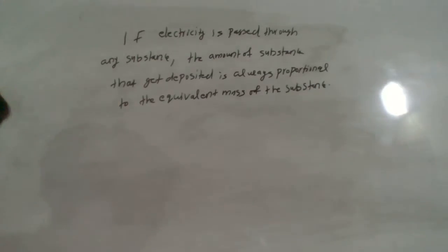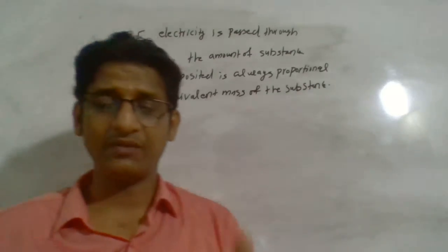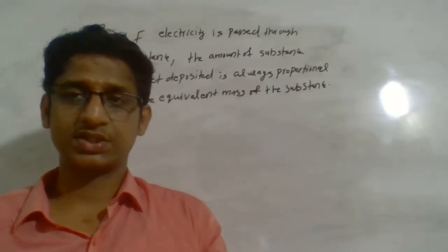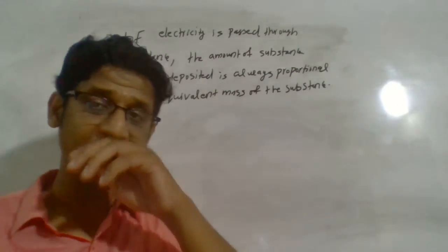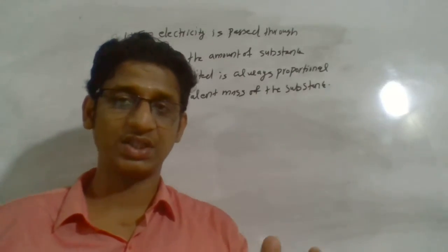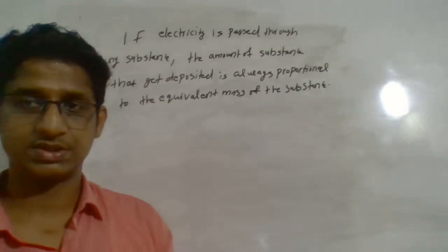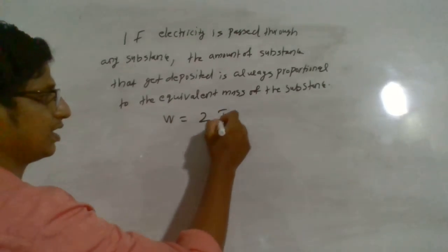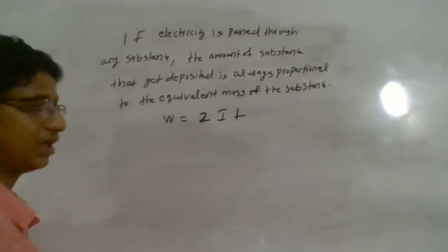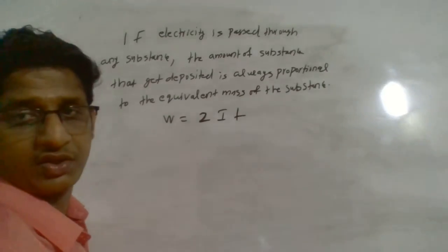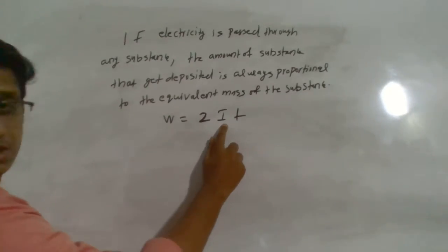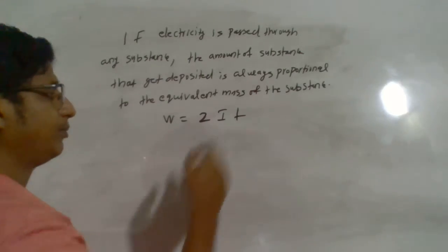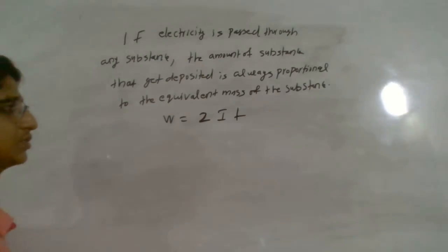Okay, this is something that you observe. If you pass 1 farad electricity through any electrolyte, the amount of substance deposited is always equal to the equivalent mass of the substance. So we have an equation W is equal to ZIT from Faraday's first law, where I is the current and T is the time for which it is passed through.